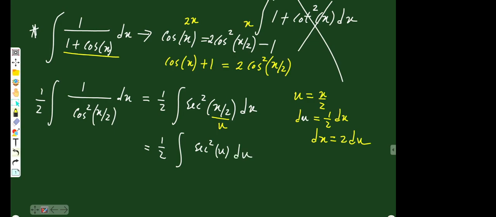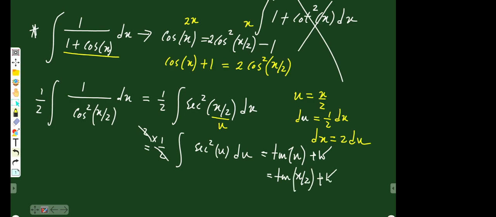So I put du here and put 2 here. It's all gone. Answer would be tan u, that is, tan of x divided by 2.